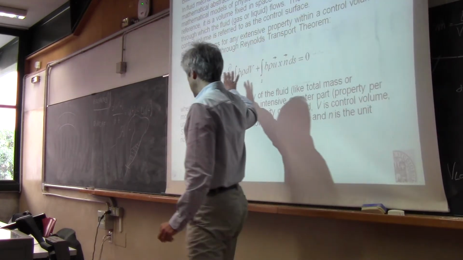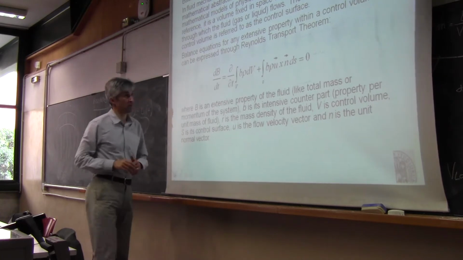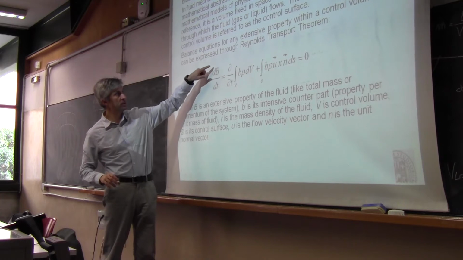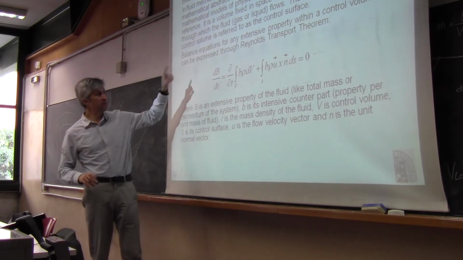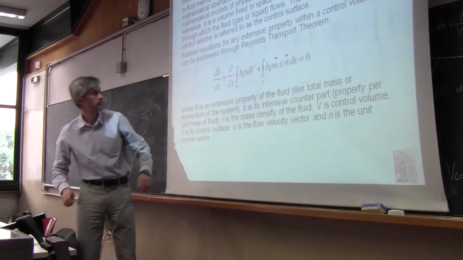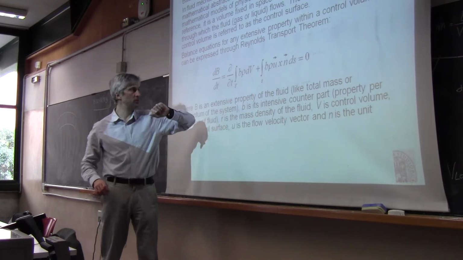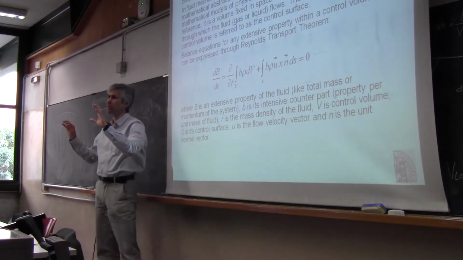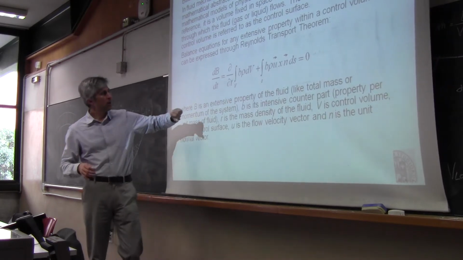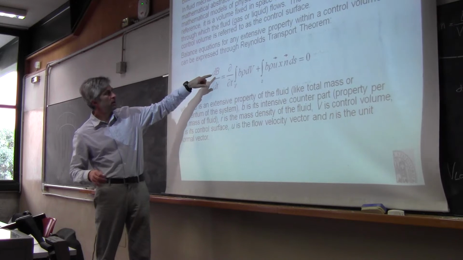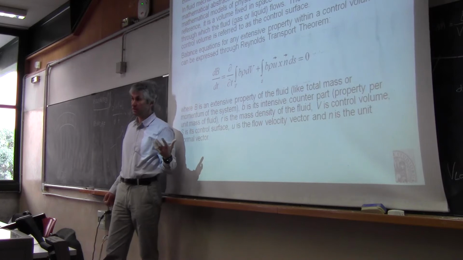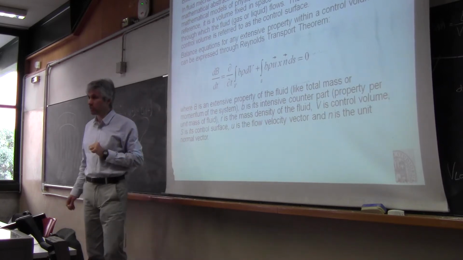In this representation of Reynolds transport theorem, the extensive property is identified with the symbol capital B, the intensive property with the lowercase b. So this is extensive, this is intensive, which means that given that we refer to a volume of fluid that is moving, capital B is the total extensive property of the moving fluid.